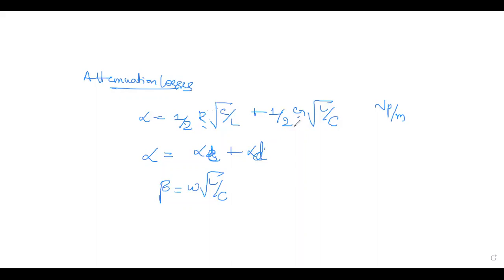Now take alpha C, which is half into R into root C by L. To this substitute the values of capacitance and inductance, the same equations we have: for capacitance, epsilon d W by D, and for L, mu C d by W. Substitute it.